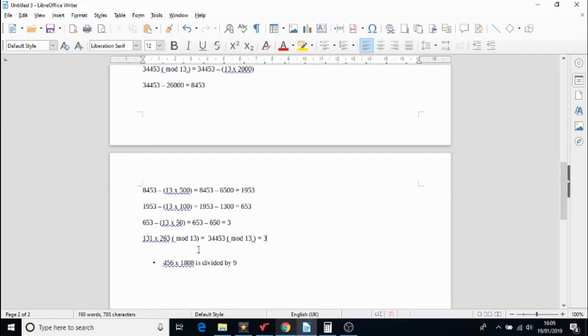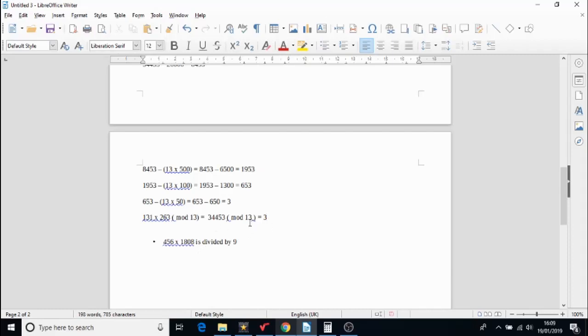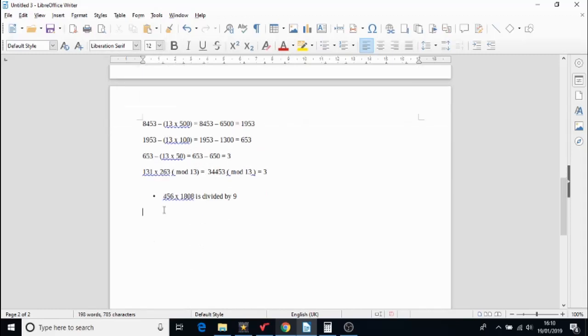And that's how you work out that question. 3 is the remainder: when you divide 34,453 by 13, you'll get a remainder of 3. Let's move on to the final question.